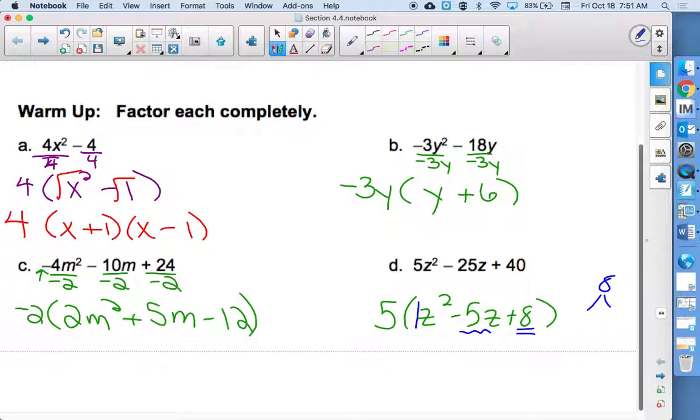No? Why not? Are there any ways that 1 and 8 or 2 and 4 can combine to be negative 5? No.